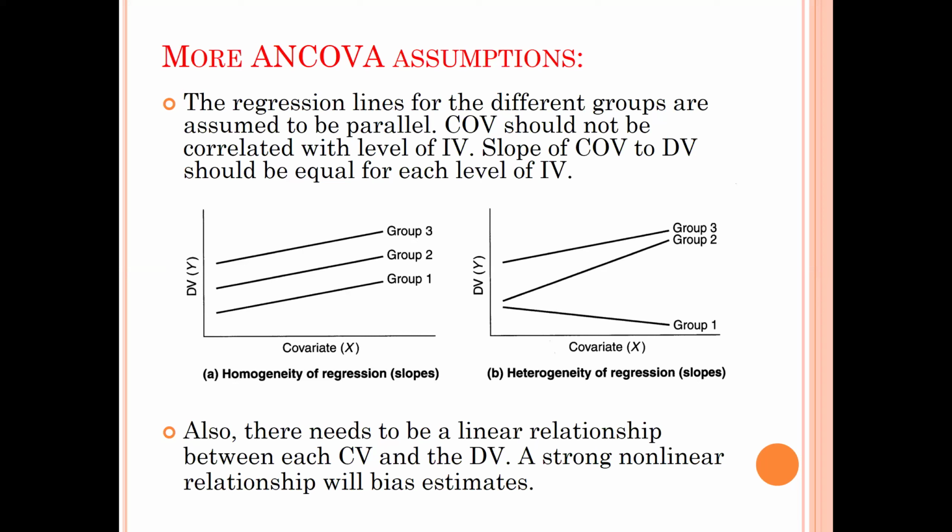Also, the regression lines, that is the linear relationship between the dependent variable and the covariate, should be the same for each group of the independent variable. If there's a relationship between the covariate and the dependent variable, which we expect to find, it should be the same relationship for each of the source groups: the same relationship between writing and pre-writing in the self source, the peer source, and the teacher source.